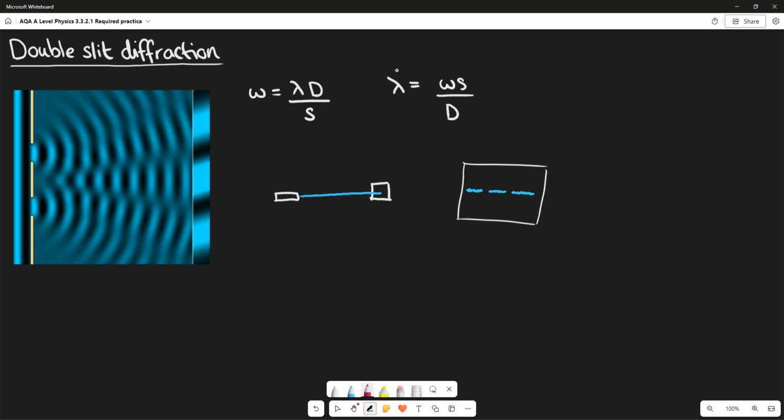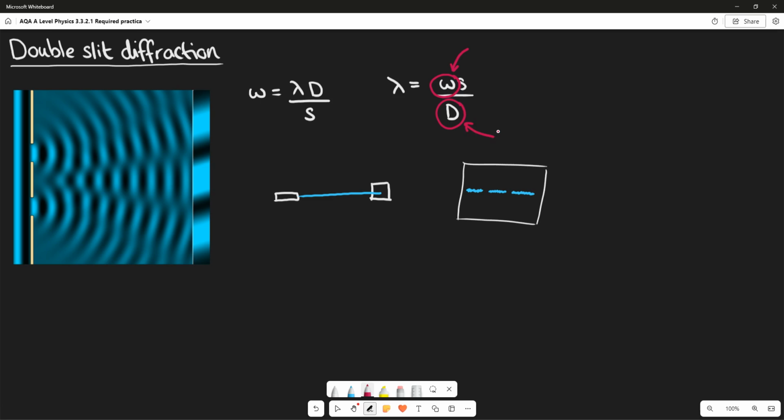So that fixes this value here and this value here. Those essentially are fixed by the availability of the equipment in your department. So the only values that you can really change are the fringe separation and the distance. And the fringe separation is dependent on the distance.